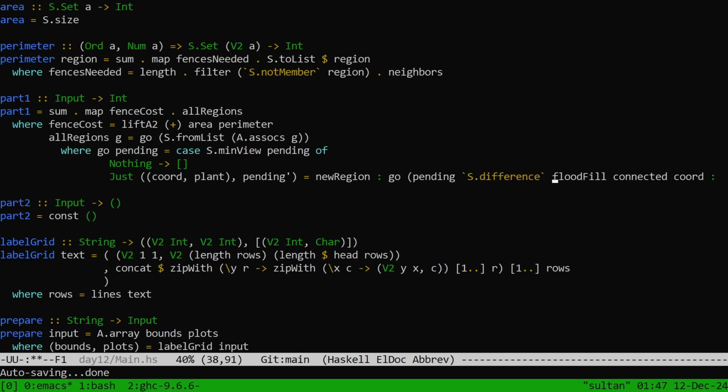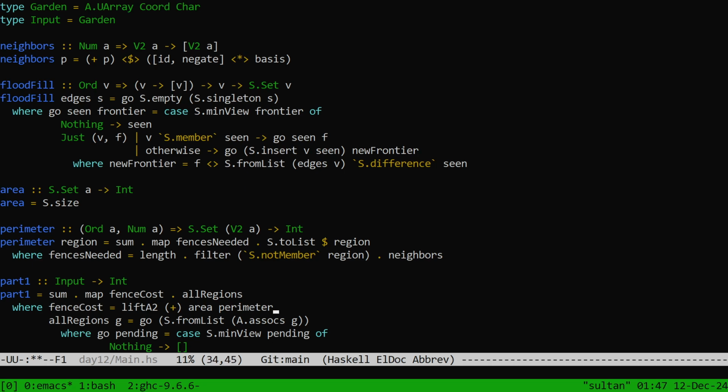And I'm returning all regions. I'm calling fence cost on each. So I actually need, at this point, to throw away the plant part of it, don't I? Like so. If we assume we're returning a pair from coordinate to the plant type, we need to throw away the plant type. Okay, fine.